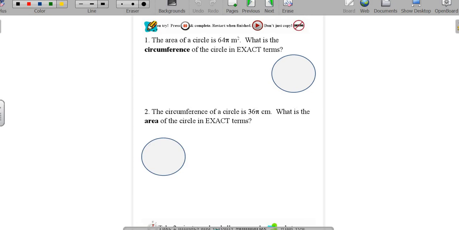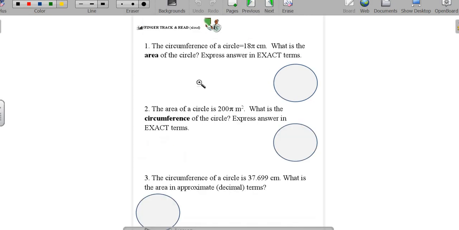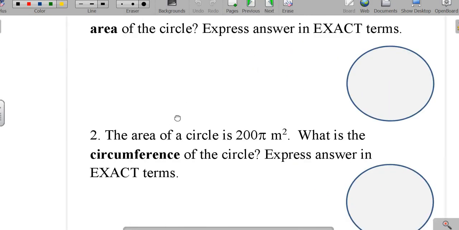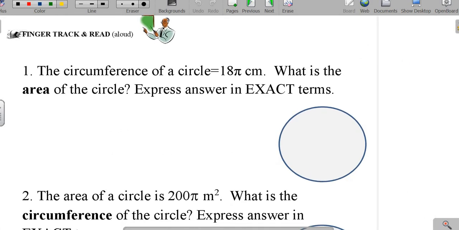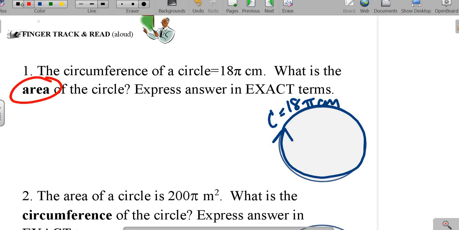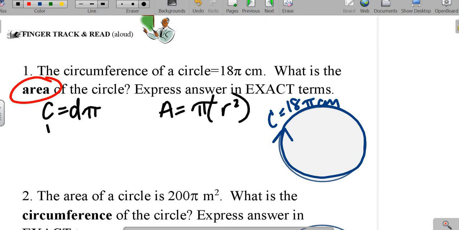We're going to do these 3 problems together. You do 2 problems and we are done. It says right here, if the circumference of a circle, so we trace and we write it out, C equals 18 pi centimeters. What is the area? So step number 1, I write what I have, C equals d pi, and I write what I want, area equals pi r squared. So I have C equals, in this case, 18 pi.